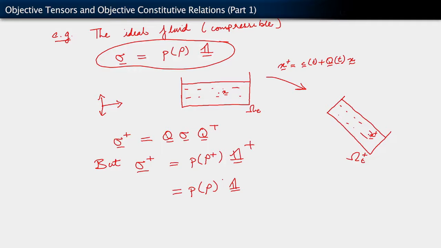So what we should see is that sigma plus is the same as sigma. But then we do indeed have that, because if we go back here and evaluate this, we basically get q acting on P of rho times the isotropic tensor, times q transpose, which, because of the properties of the isotropic tensor, is just P of rho. Okay? So what we see is that the constitutive relation that I've circled at the top of the slide is an objective function.